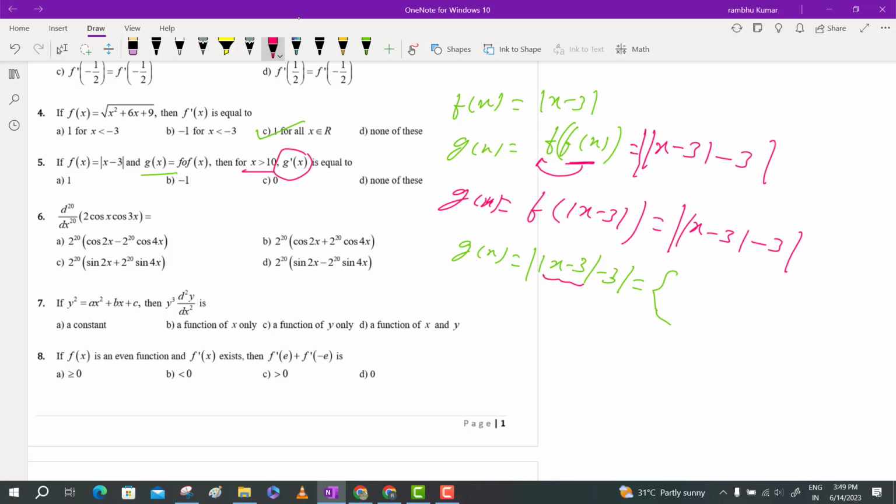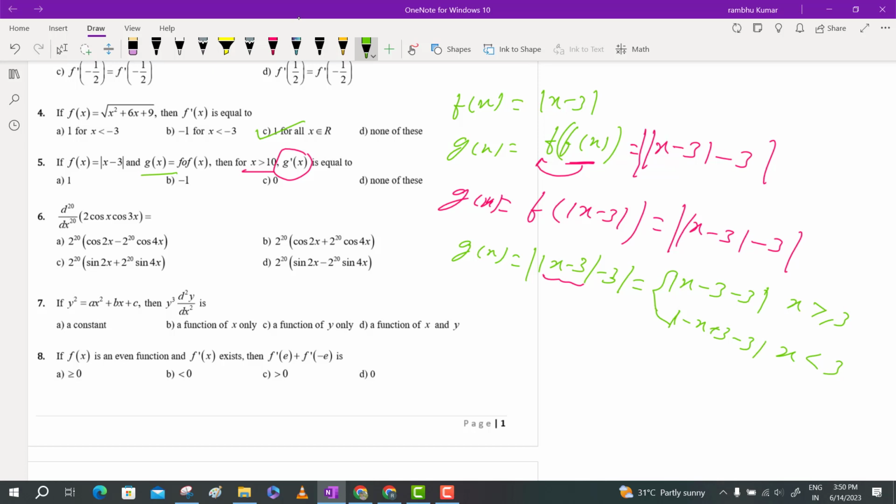This is always positive when x is greater than or equal to 3, correct? Which means you will have x minus 3 when x is greater than or equal to 3, and you will have minus x plus 3 when x is less than 3.